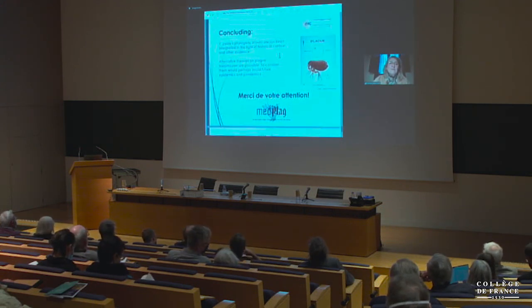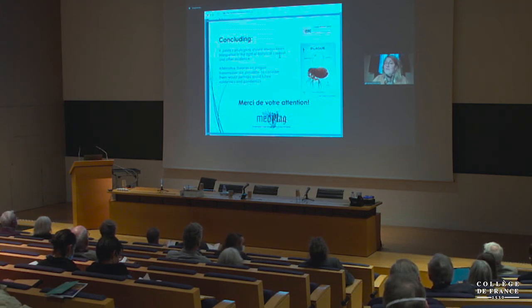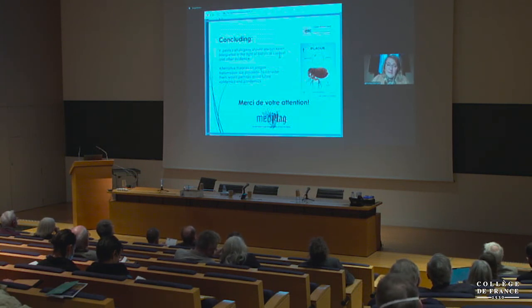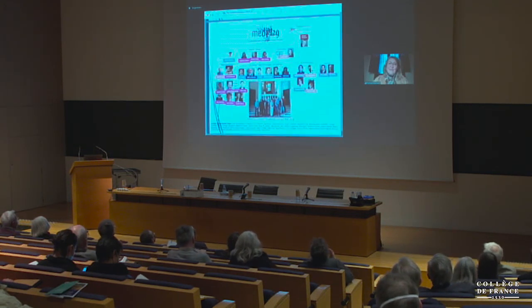So concluding, Yersinia pestis phylogeny should always be interpreted in the light of the historical context and possibly of other evidence. And I suggest that alternative theories of plague transmission are plausible and should be investigated more in depth. To consider them would perhaps also help avoid future epidemics and pandemics. Thank you for your attention. And this is the group of MEDPLAG.